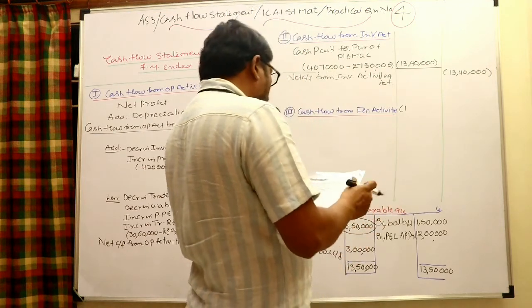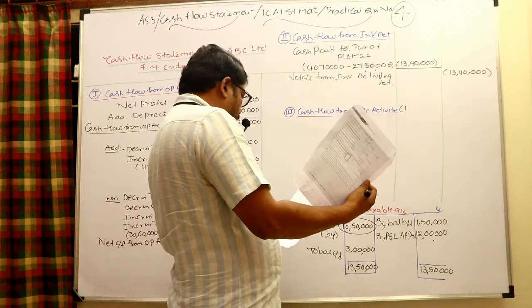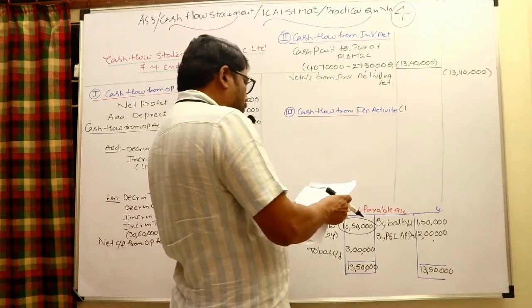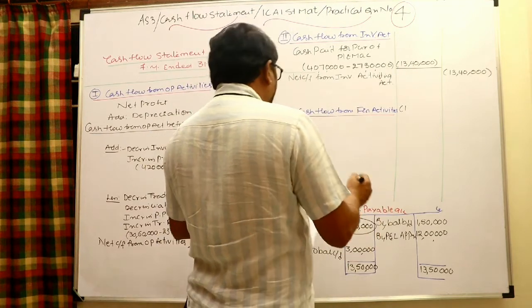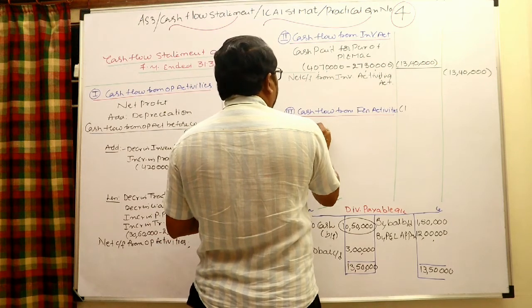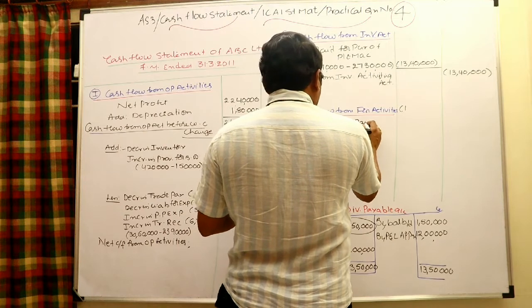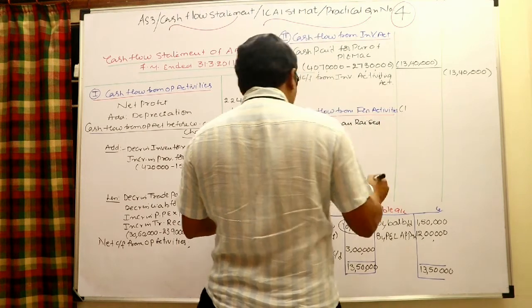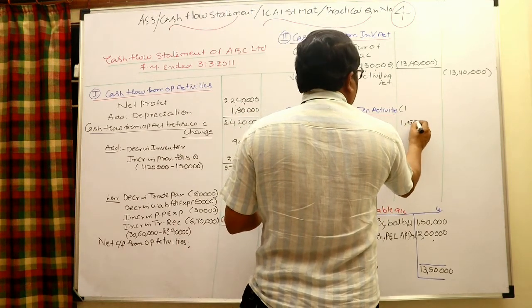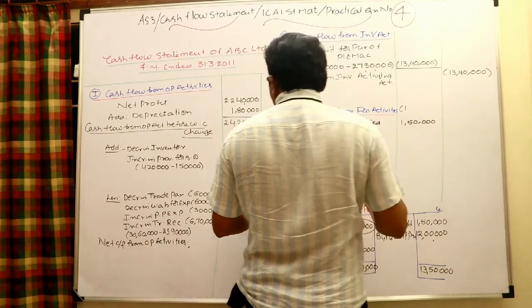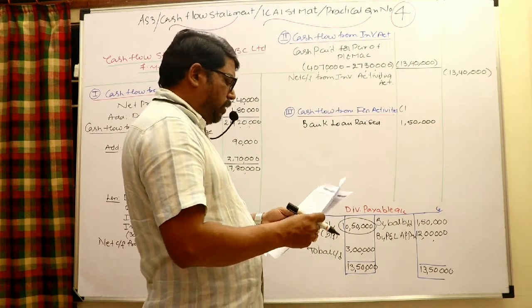But if you check the bank loan, there is an increase of 1,50,000. So bank loan raised during the period is 1,50,000.